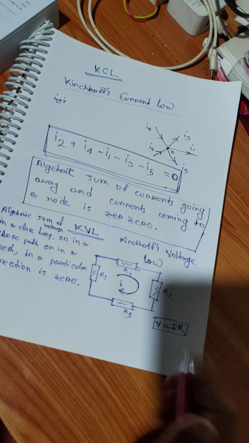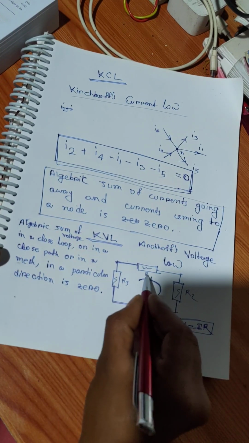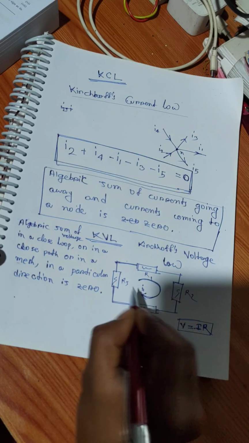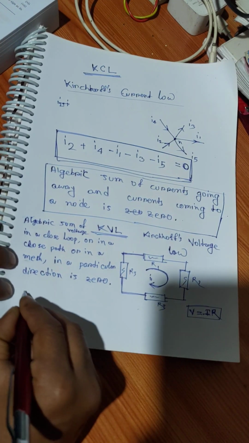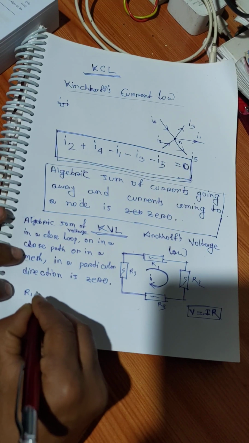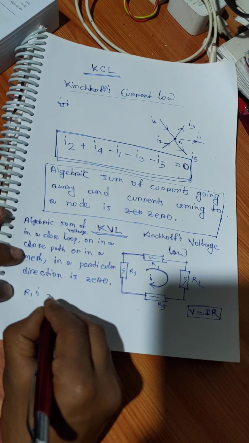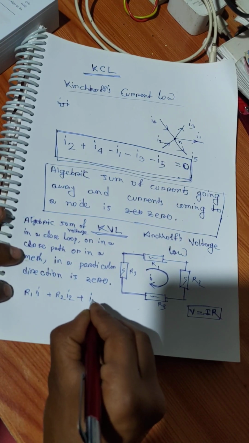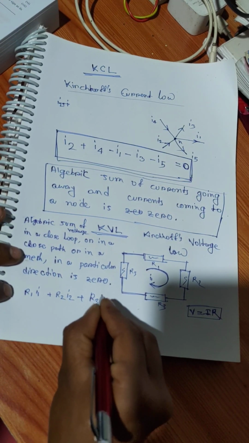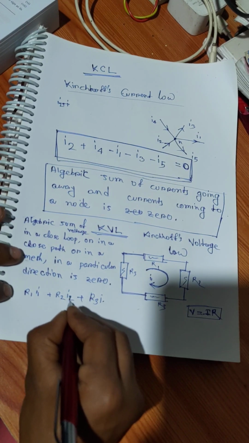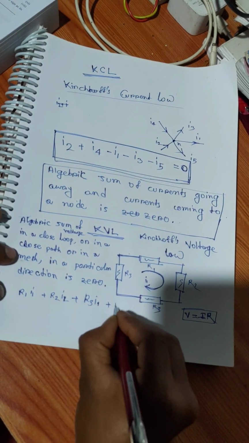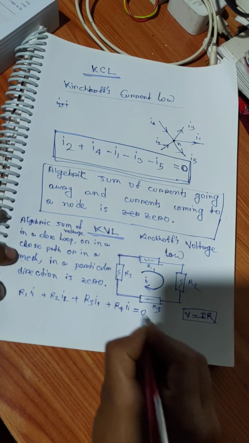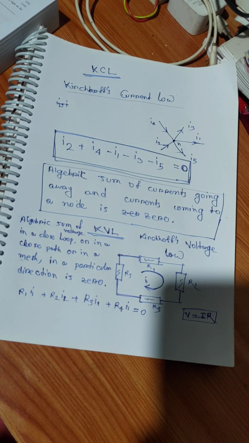Current I is flowing through all these resistors, so the voltage will be R1 I1 plus R2 I2 plus R3 I3 plus R4 I1 is equal to 0.